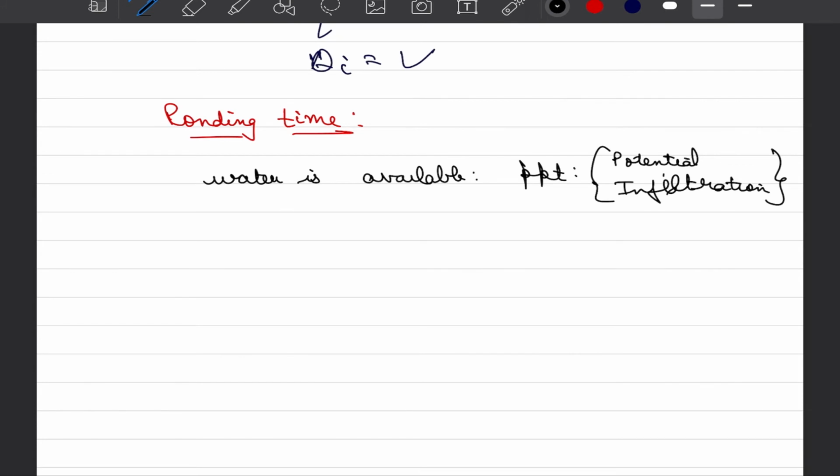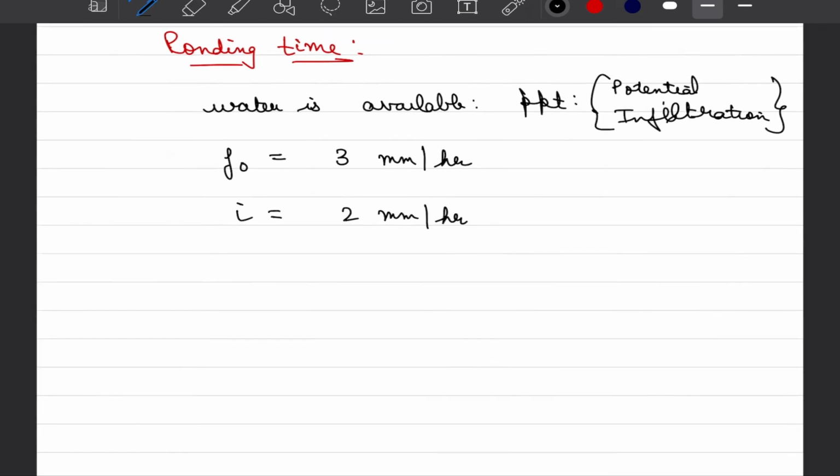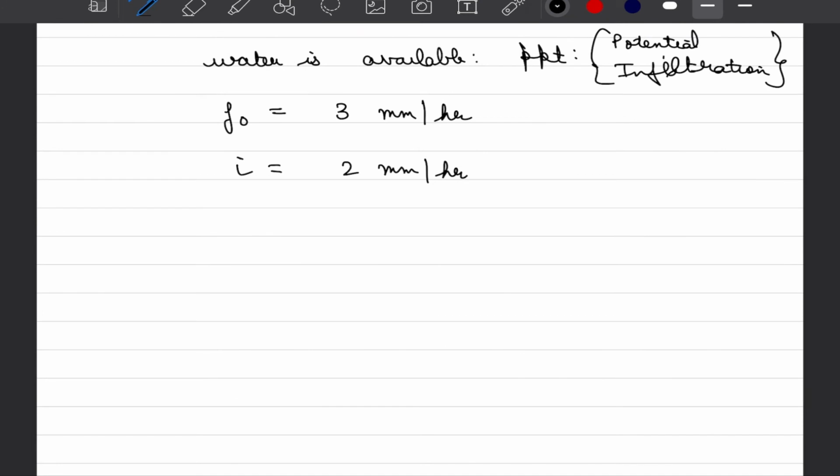But let us say that our soil has the infiltration capacity f naught as 3 mm per hour, but precipitation is happening at the rate of 2 mm per hour. Then if somebody asks us how much infiltration will take place, the answer is obvious that although the capacity is 3, the moisture available for infiltration is only 2 mm per hour.